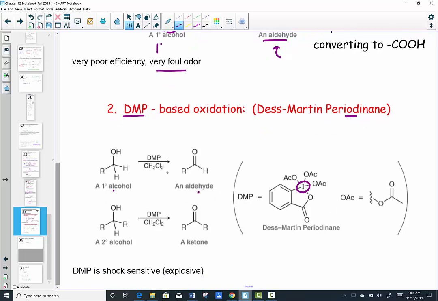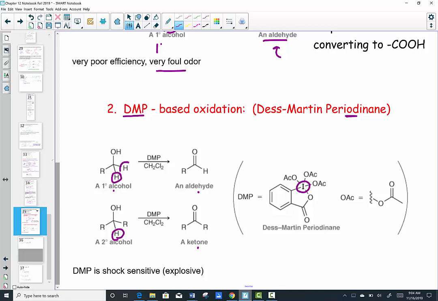DMP is sitting on the arrow in a methylene chloride solution, CH2Cl2, converting alcohol into aldehyde. In a secondary alcohol, a secondary alcohol has 1 hydrogen available, and you produce the ketone.